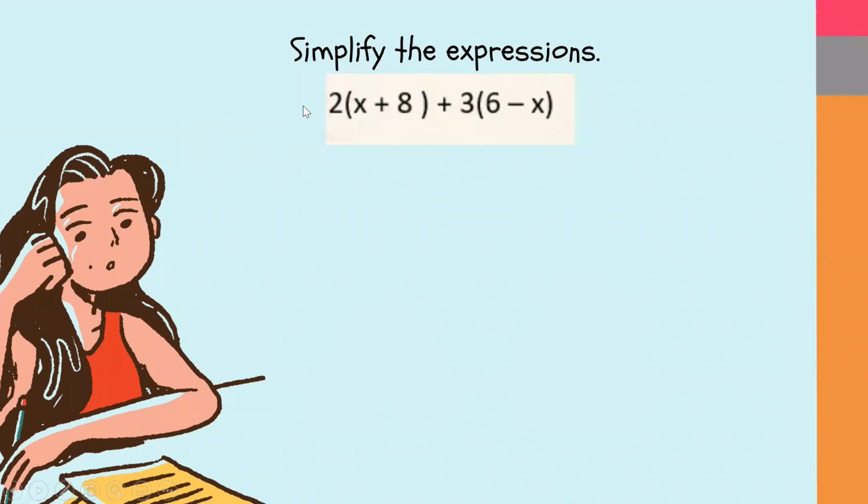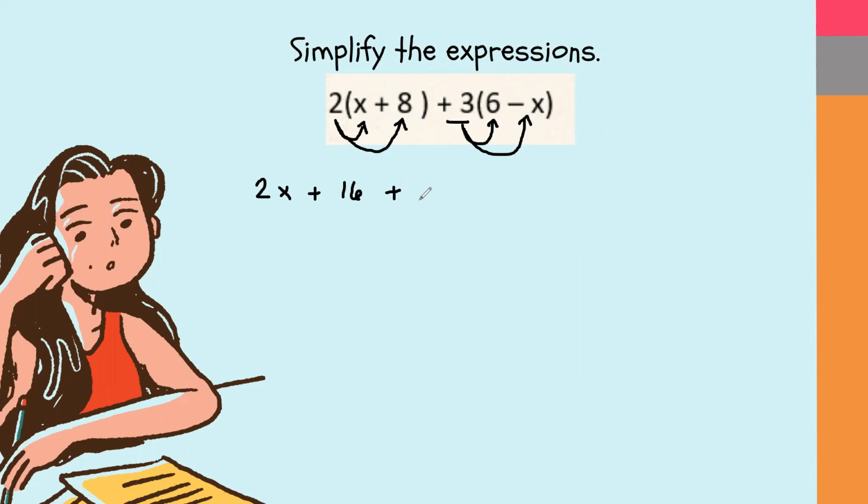So here we're asked to simplify this expression. So what we're going to do is use our distributive property. So we have 2 times x plus 8 plus 3 times 6 minus x. So I'm going to distribute the 2 into here. So I would have 2x plus 16. Then I would distribute the positive 3 here and there.